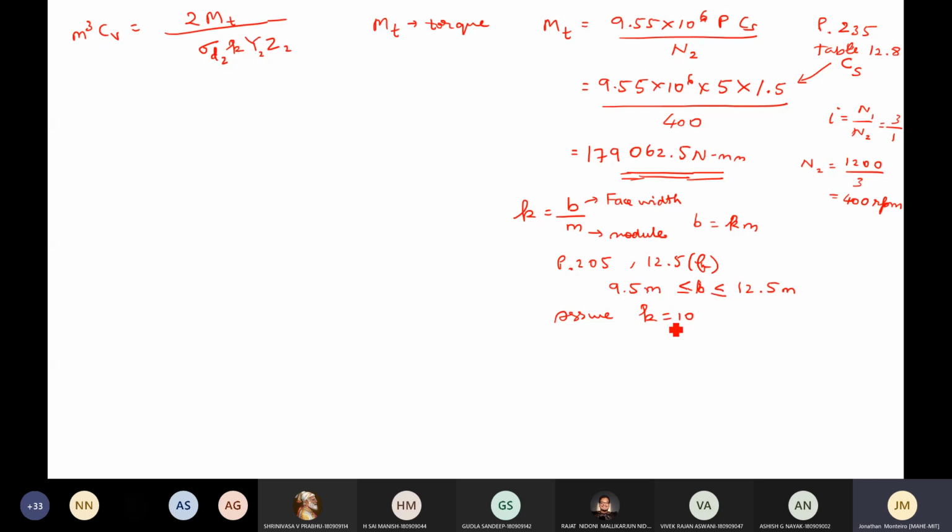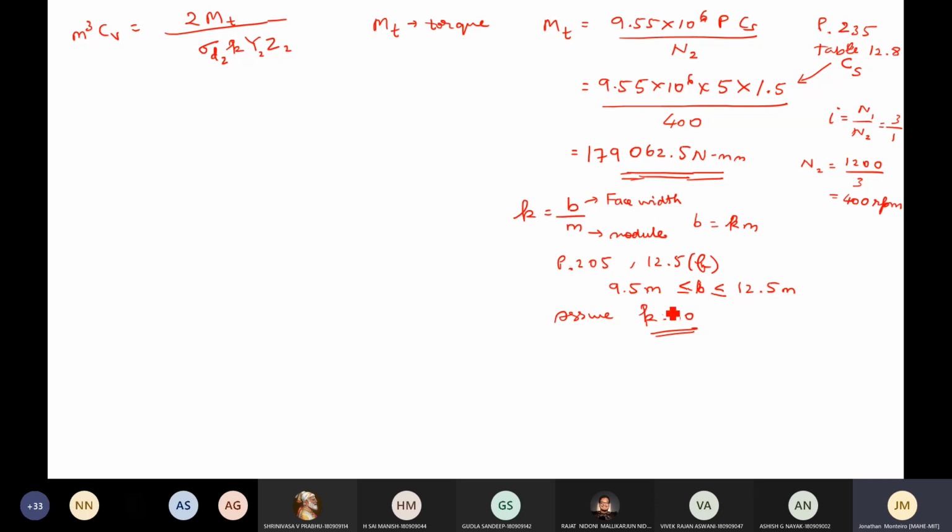Of course, you can take 11, 12 also. This is an iterative process. Suppose, having all other conditions satisfied, you still cannot reach the design goal, then you may come back and change this. But right now let us take it as 10. So the B by M ratio we are taking as 10. We have set this value to be 10.